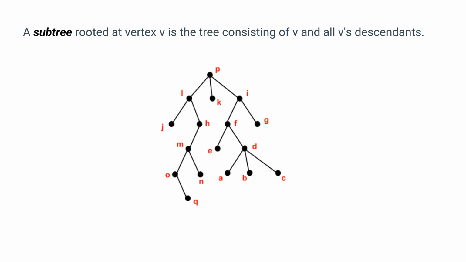A subtree rooted at vertex V is the tree consisting of V and all of V's descendants. So if we look at the vertex F and all of its descendants, that is a subtree. So here we have a subtree rooted at F.